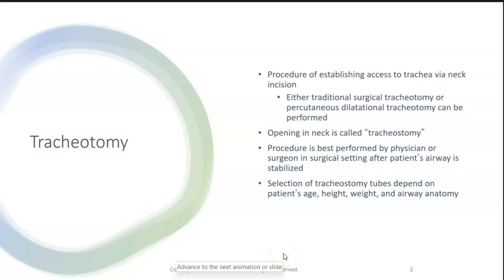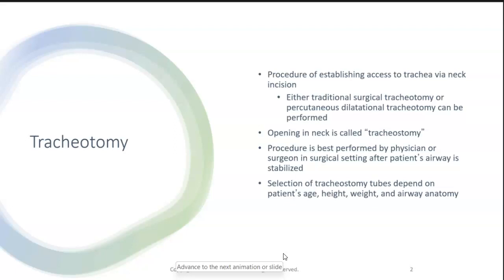All right. So again, a tracheotomy is the procedure of establishing access to the trachea via the neck incision. So this is where the surgeon is making an incision in the neck and placing a tracheostomy tube. So typically this procedure is done either surgically or with a percutaneous dilation method.